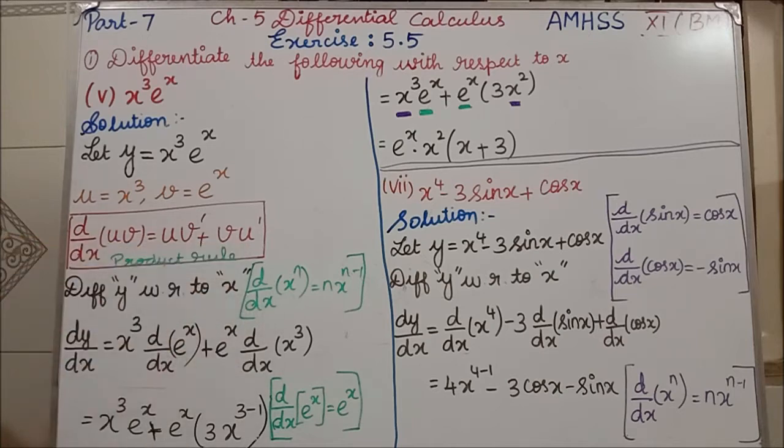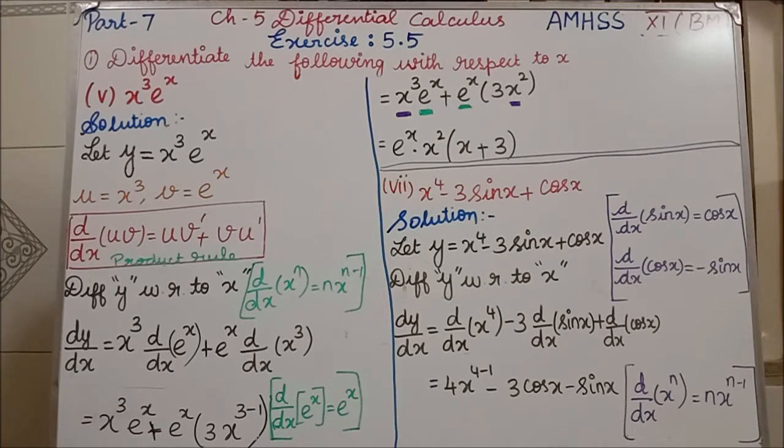Next u dash, so we have to see u, d by dx of x cube. Now only we are going to differentiate. Here u is x cube. d by dx of e power x, what is the value? We have seen in the previous fourth problem. The same e power x itself. Students, write all the formulas on the side.